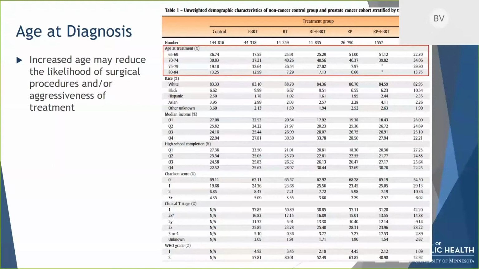It's relatively less common for older patients to receive radical prostatectomy. On the other hand, for our external beam radiotherapy patients, at least 13% were even in the 80 to 84 age group. So that's a treatment that can be used at older ages with less complications.